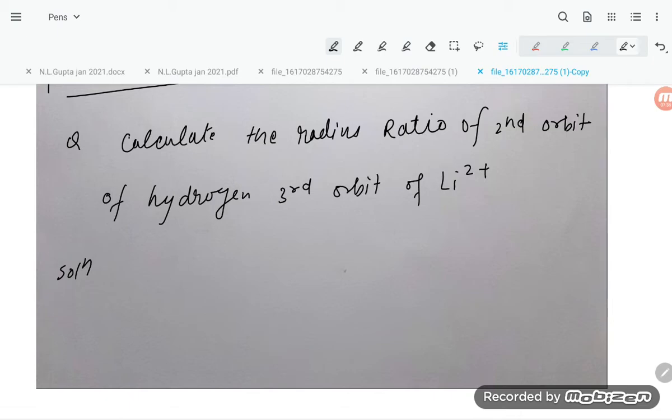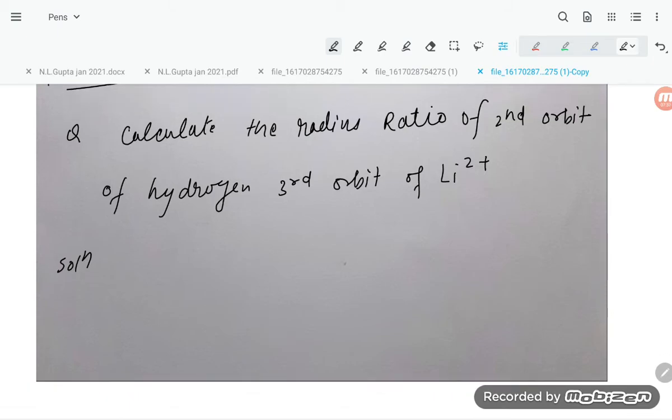Let us try to solve it out. We are arguing for the second orbit and third orbit, and they are asking for the ratio.